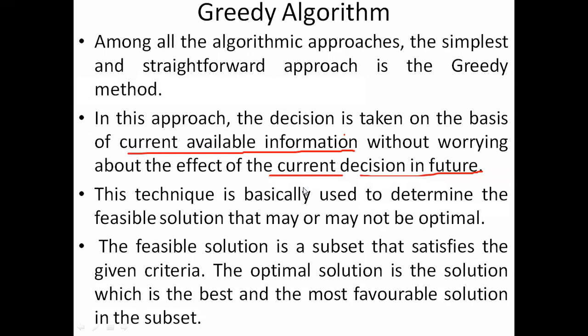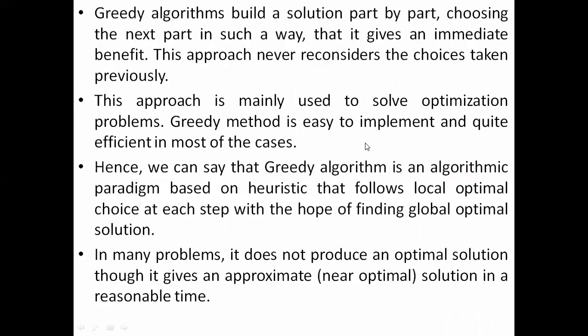The optimal solution is the best and most favorable solution in the feasible solution subset. The greedy algorithm builds one part at a time, choosing the part that gives the immediate benefit, that is a better result, and never reconsiders the choices made previously.